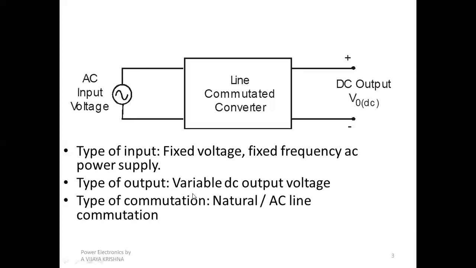Examples of such applications are steel rolling mills, paper mills, printing presses, and textile mills. Such mills employ DC motor drives and traction systems, electrochemical and electrometallurgical processes, magnet power supplies, portable hand tool drives, and high voltage DC transmission.